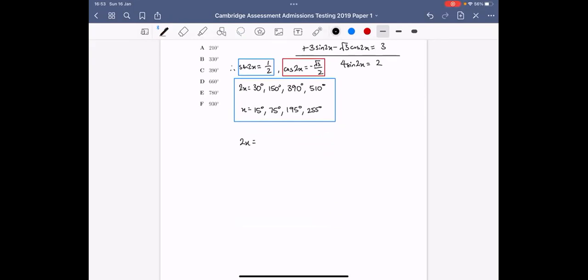So that means it's in the second and third quadrant. So this would be 150, 150. So 210. Good, great.